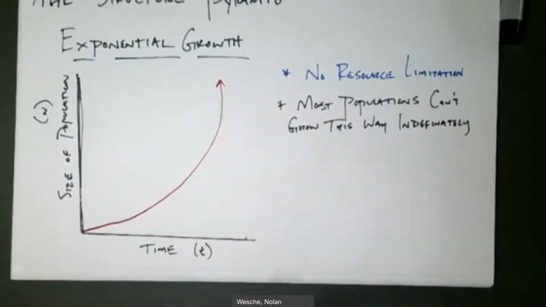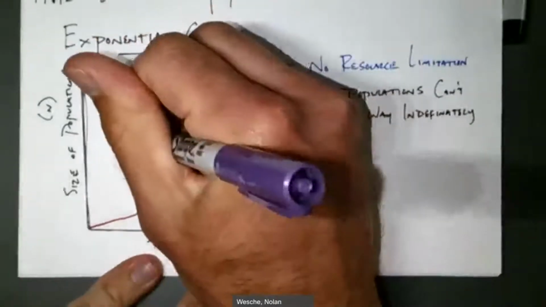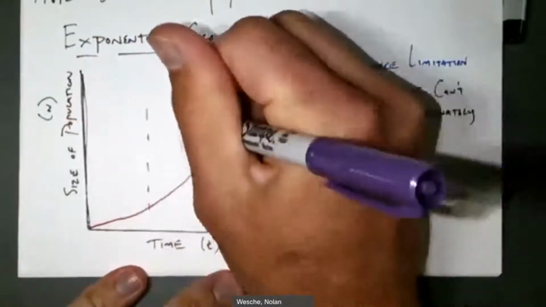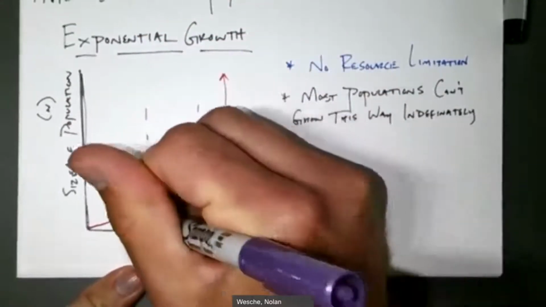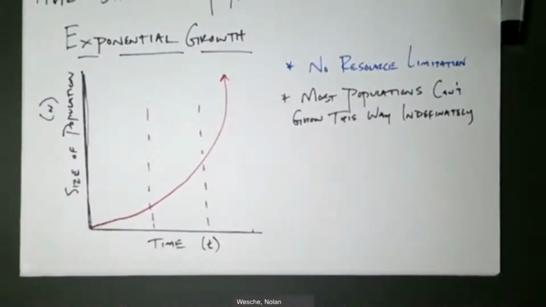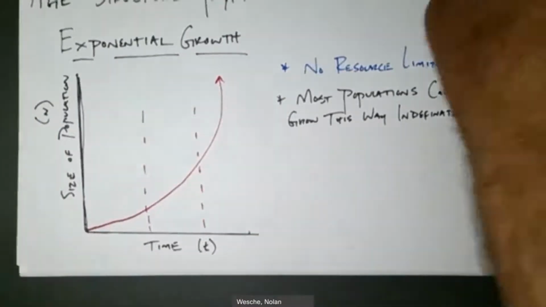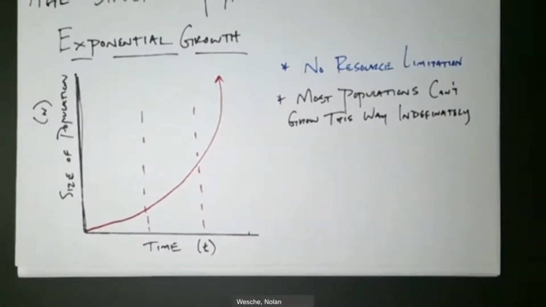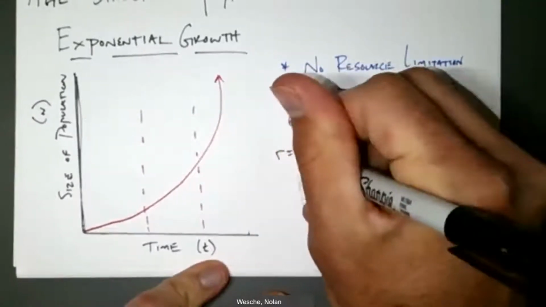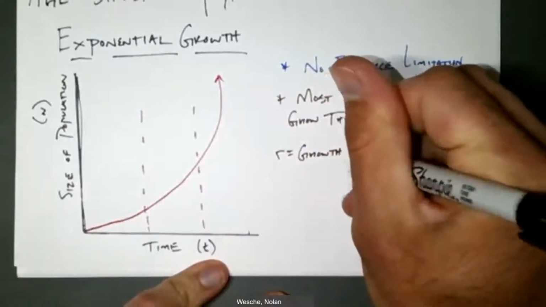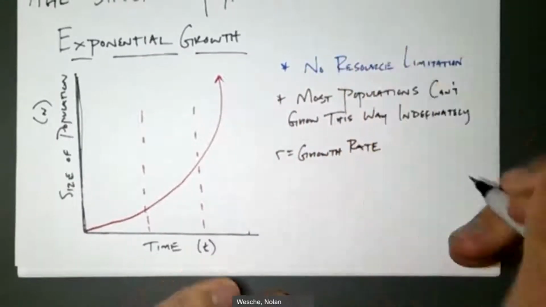What we could do is take 2 points in time here. So let's say that we took this point in time and this point in time, and we wanted to figure out what that growth rate is. So the growth rate here is what we call R. And there's an equation that we can use to figure that out.